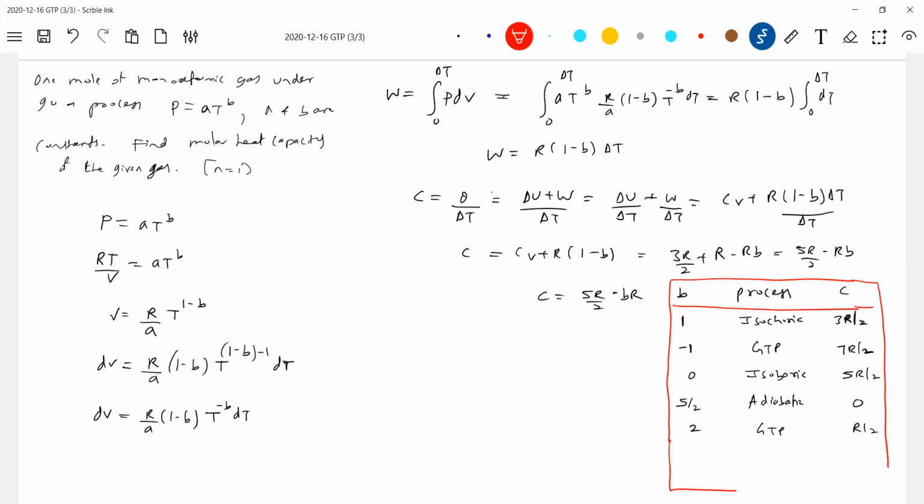Let's go for another thing. Okay, now let me make B equal to 3. Let's see, very interesting thing you are going to see. Anybody's value? Minus R by 2.